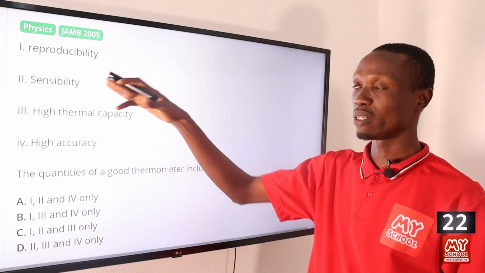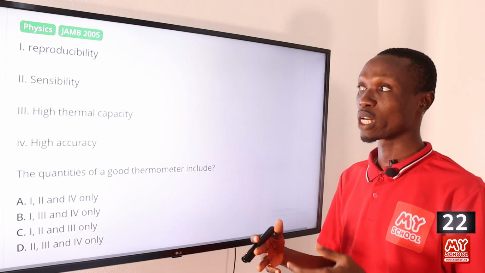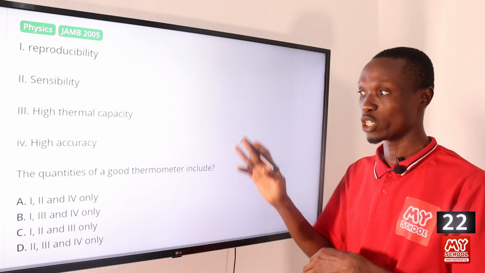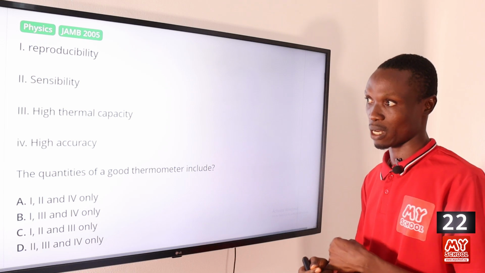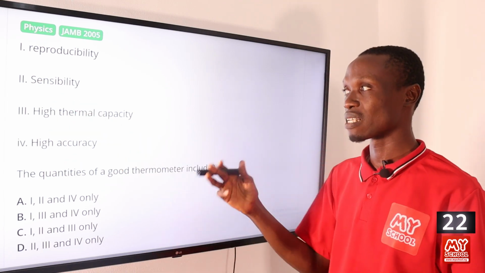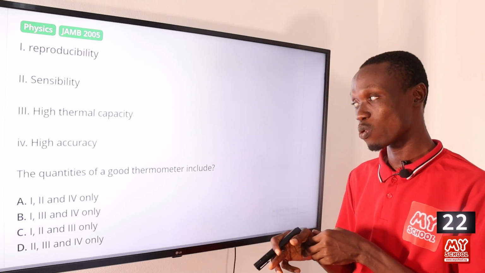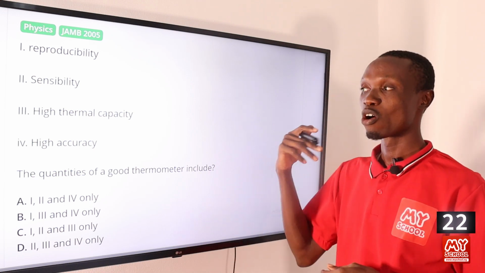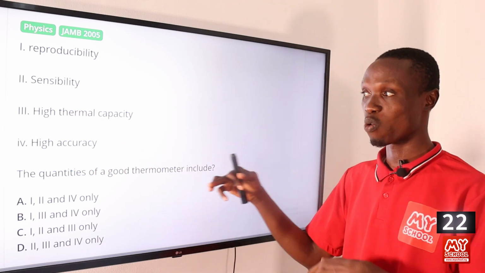While sensibility has to do with the thermometer's ability to quickly respond to temperature change, which is also a quality of a good thermometer. Then we have high thermal capacity. High thermal capacity is not a quality of a good thermometer, but rather it should have been low thermal capacity. Then we also have high accuracy.